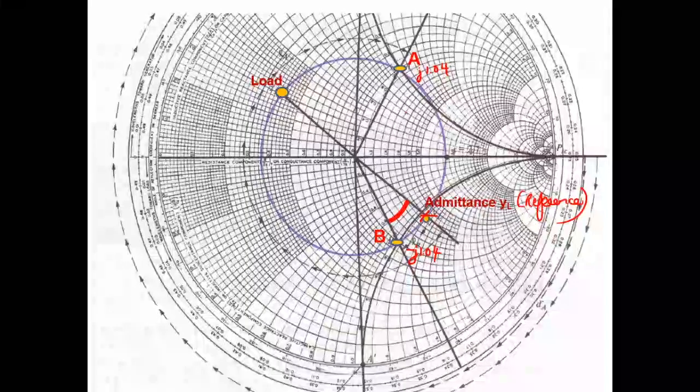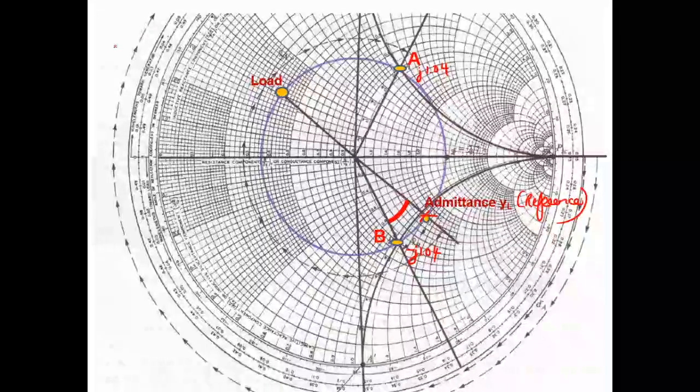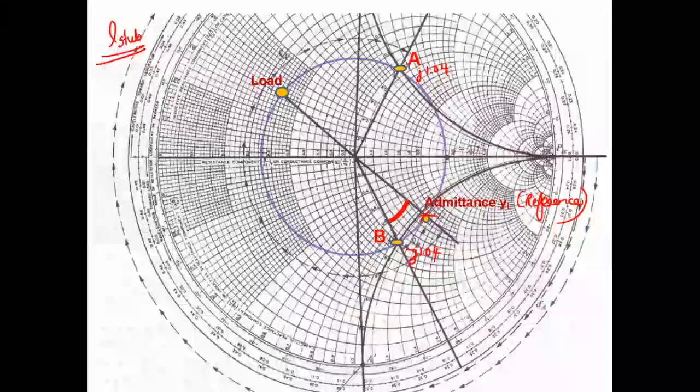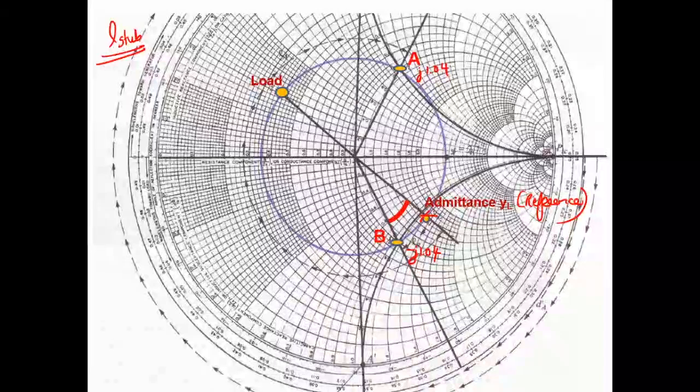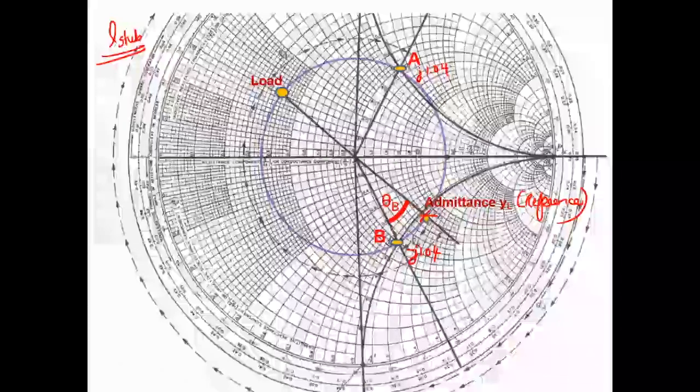Now, these are the possible locations, right? Now what we are trying to calculate is L stub, that is the distance of the stub from the load. To calculate that, you have to measure the distance from the admittance of the load to this point, and this angle can be theta B. Try to understand from the figure.